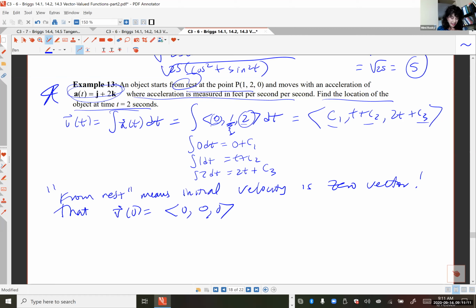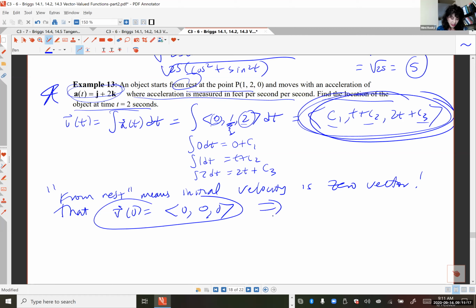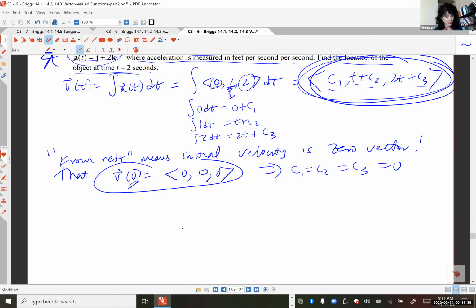Knowing that this right here is our velocity vector so far, if you evaluate it at time t equals 0 and substitute zeros in place of the t's, you'll get that C1 and C2 and C3 all happen to be 0. Will this always happen? No. I always give you much harder problems where your C's aren't always 0. That's because I like to see if you're really paying attention.